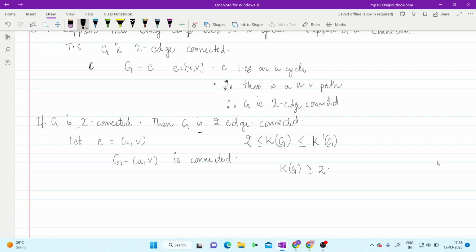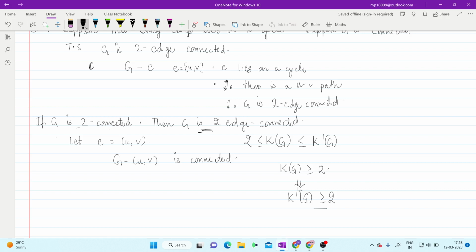This implies that kappa dash G will also be greater than or equal to 2. Therefore, edge connectivity is either 2 or greater than 2, so G is also two edge connected.